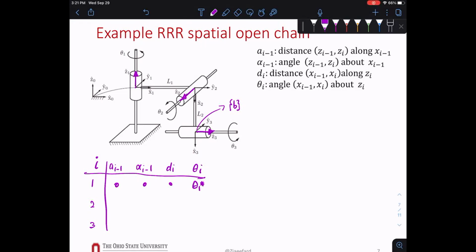Now let's look at the second one. So A1, what is A1? A1 is distance of Z1 and Z2 along X1. Remember, I is 2, right?